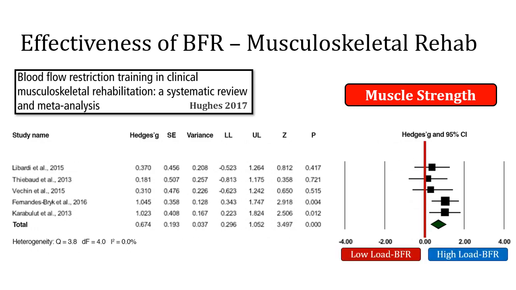When we look at muscle strength in regards to low load versus high load, once again we see high load BFR. One caveat and change that you'll see in some of these systematic reviews, if you look at the more common ones, is that there's more of a minimal effect as far as the difference between low load BFR and high load BFR.